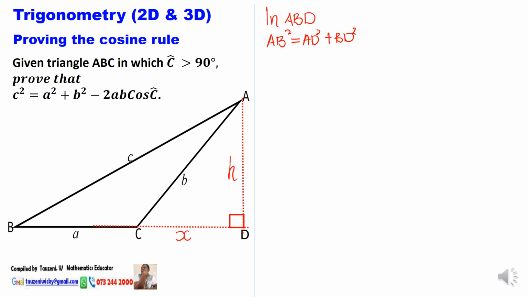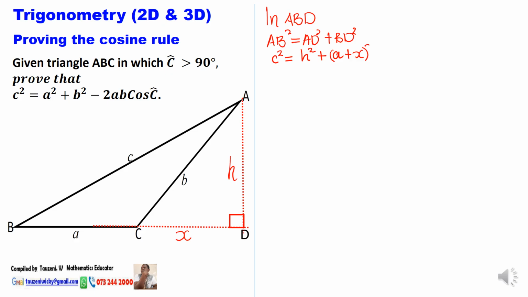Then in place of AB, we have c, so that will now become c squared. In place of AD, that's h, so that will be h squared. Then in place of BD, BD is made up of a plus x. So it's going to be a plus x, and then squared.